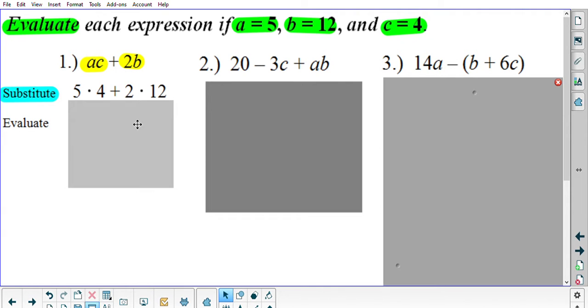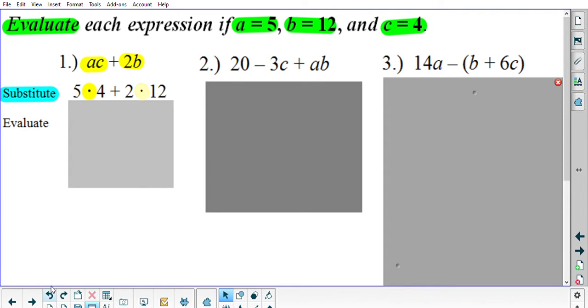Since B is 12 and there's a 2 on the left of that 2B, that doesn't mean 212. It means 2 times 12. So this is something you have to keep in mind throughout this entire packet of guided notes. When a variable is next to a variable, that means multiplication. Likewise, when there's a number next to a variable, that also means multiplication. And we're going to show multiplication with a raised dot.